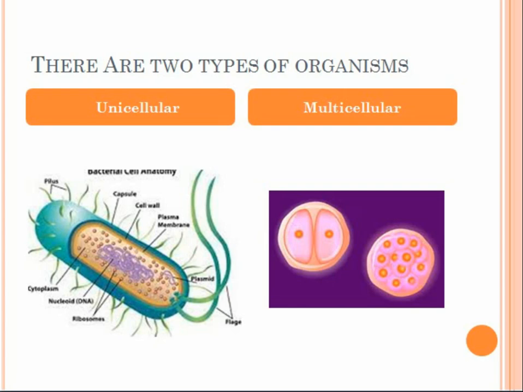Whereas the biggest example of multicellular is us humans, because our whole body is made up of cells. Our muscles are made up of muscle cells. Our skin is made up of cells. Our nervous system is made up of neurons, which are the nerve cells, and much more. So, for example, you can say plants, animals, etc.